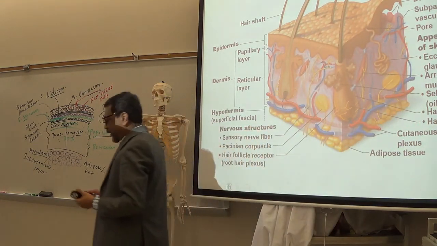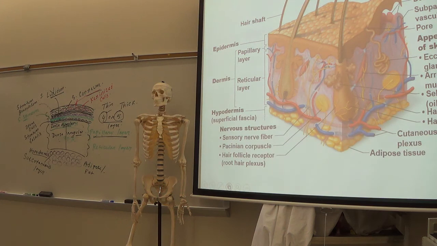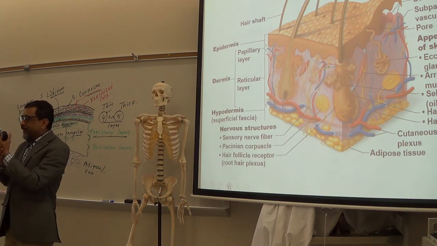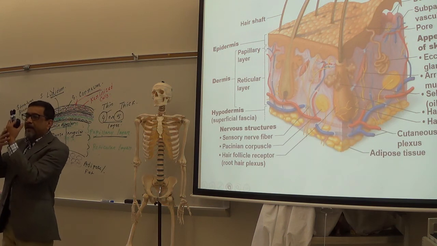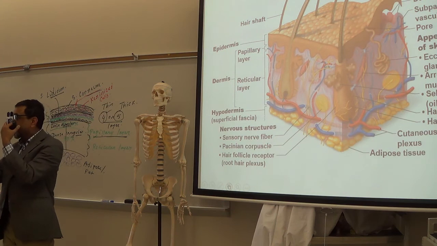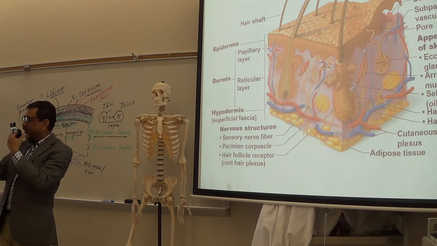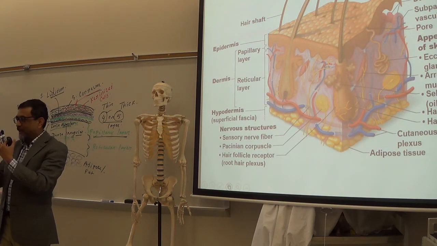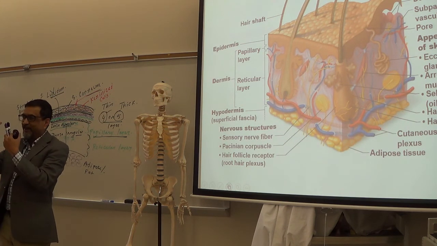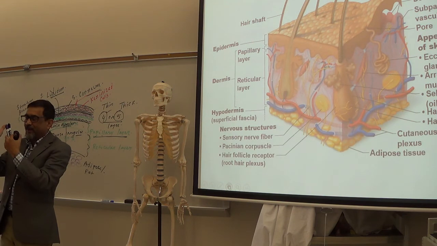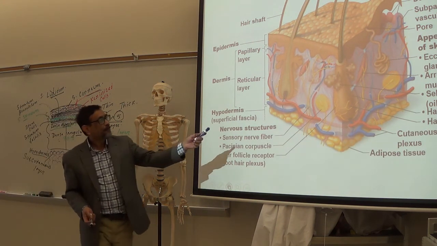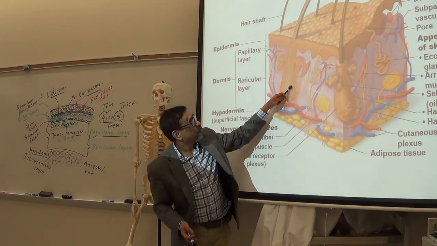Now, why do you have those tiny muscles in the skin? What do you think? These muscles help to erect the hair. Erection, goosebump, erection of the hair. When you get scared, right? Or cold, erection of hair occurs. What happens, these tiny muscles are attached to the hair root, like this.